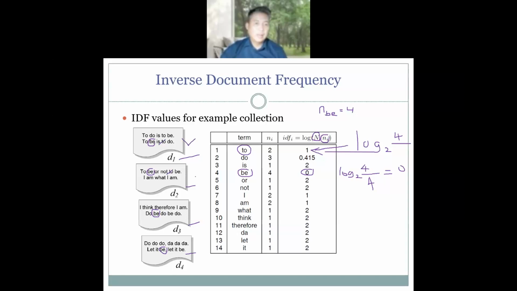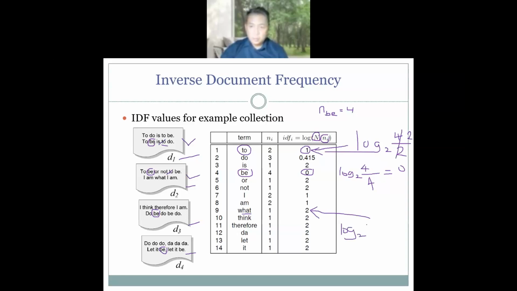So only 2, right? So this one turns out to be 2. So log 2 of 2, you get 1. Let's find out how we get this one. What is the IDF for this?